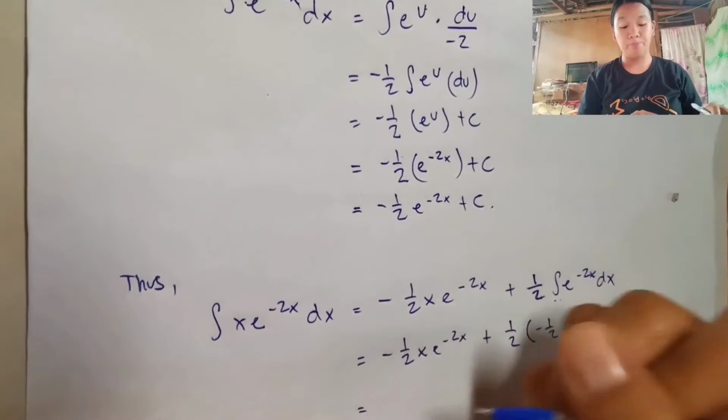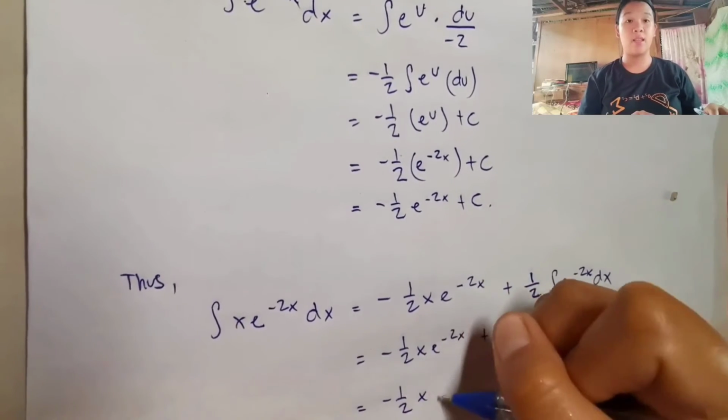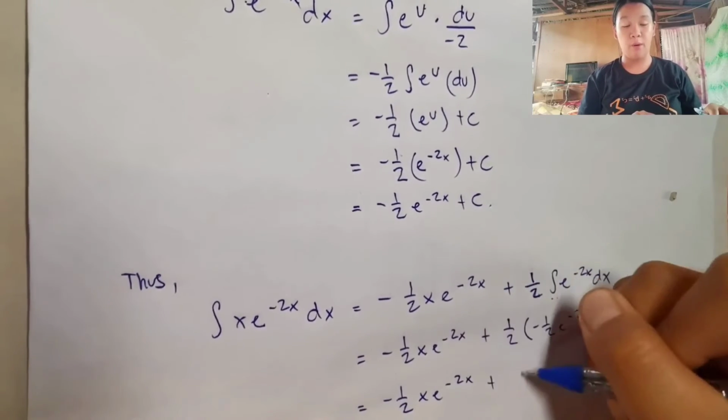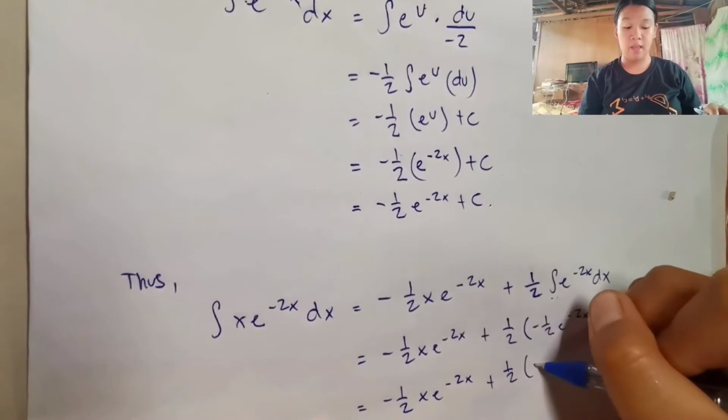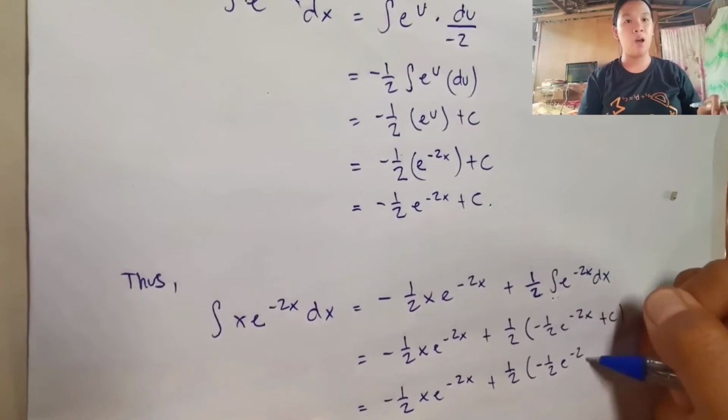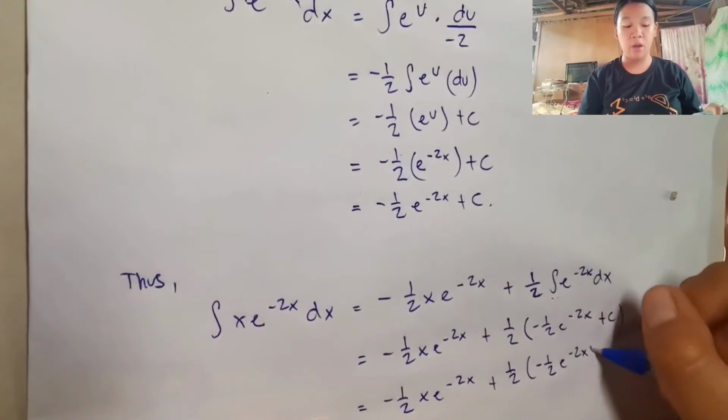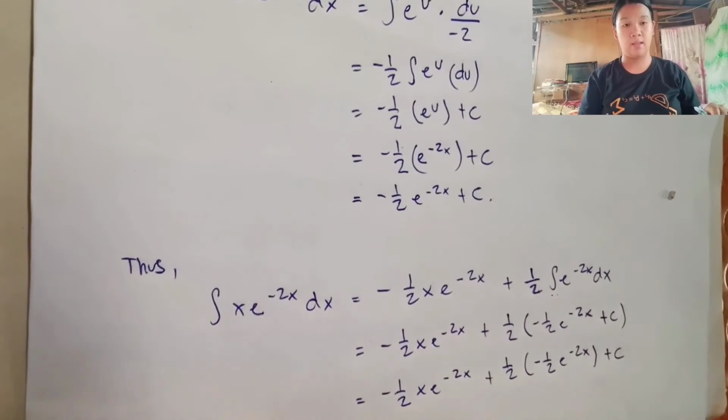So here, copy the first term, which is negative 1/2 x e raised to the power of 2x plus 1/2 times, we take out the constant, so what remains is negative 1/2 e raised to the power of 2x.